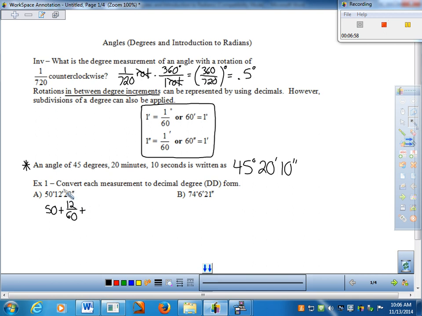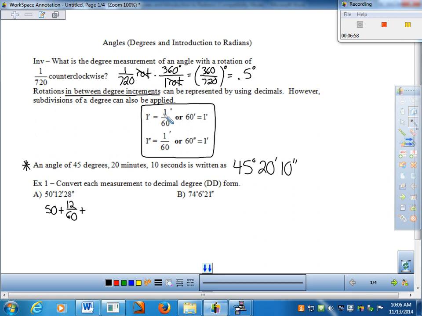Now just be a little careful with this piece. So watch this in action. It's kind of cool, but each second is a 60th of a minute. And each of those minutes is a 60th of a degree. So in reality here, with this second, I have a 60th of a 60th of a degree. Hope that rings true.